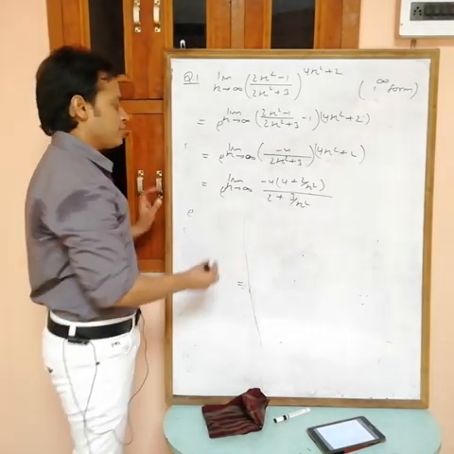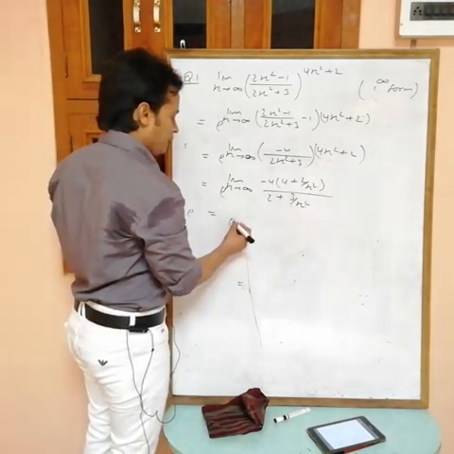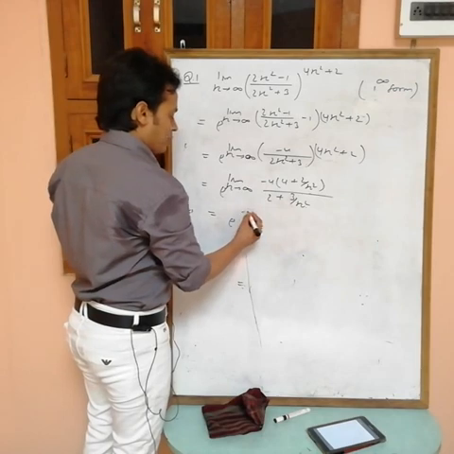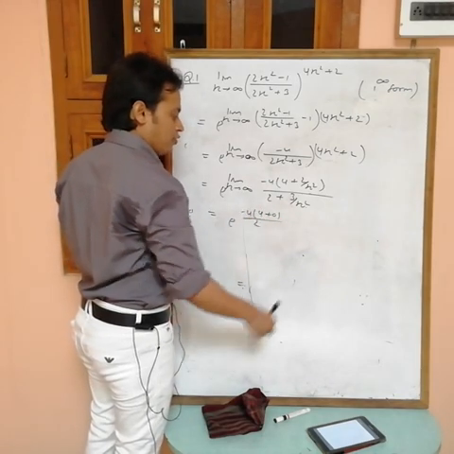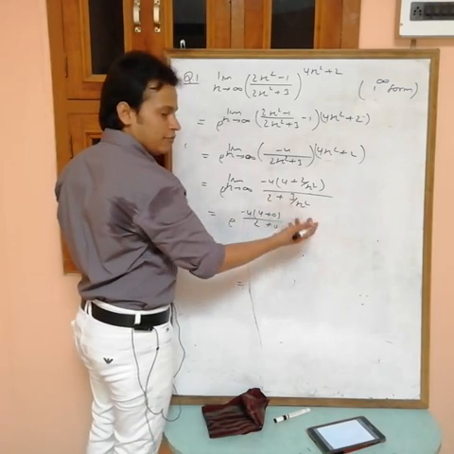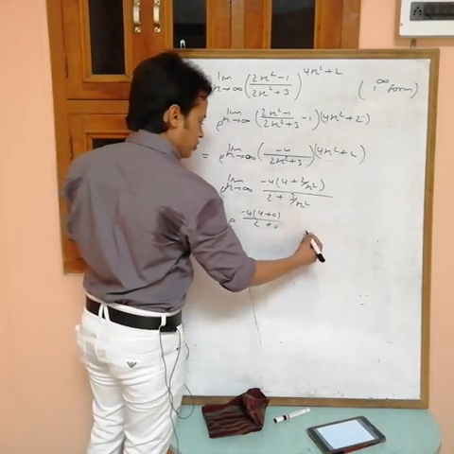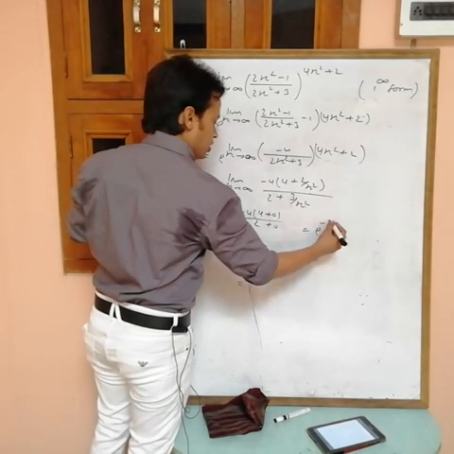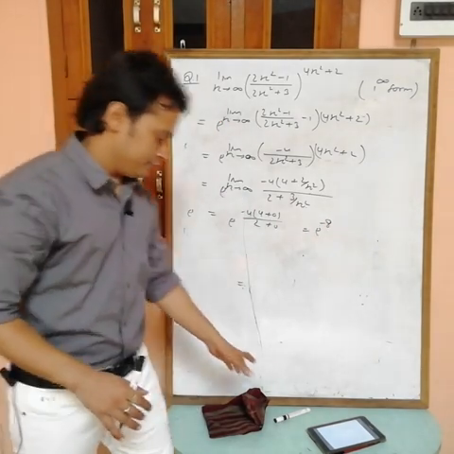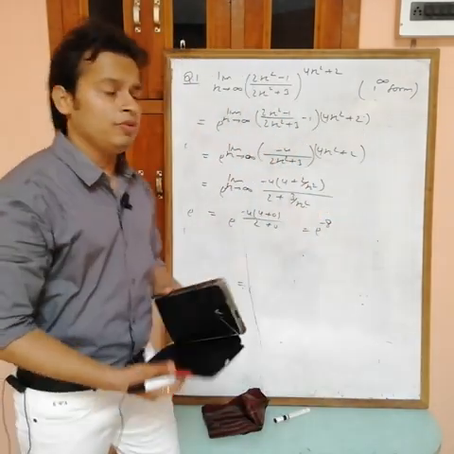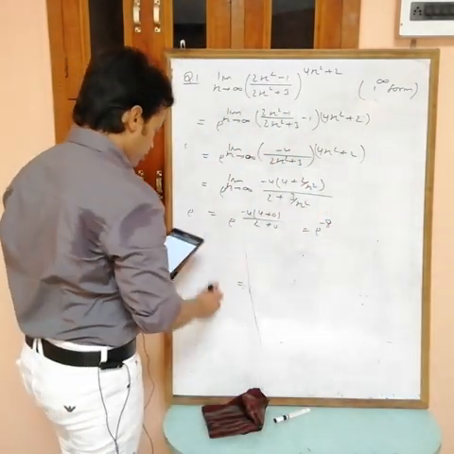Now put x equals infinity: e power −4 into 4 + 0 by 2 + 0, since 3/infinity is 0. Then you are getting the value as e power −8. Write down. Any problem? Write down and do the next question.